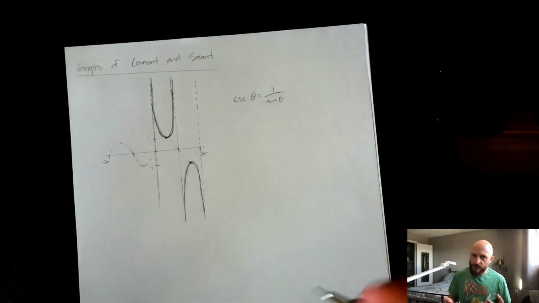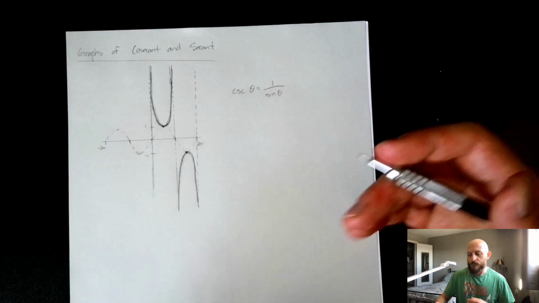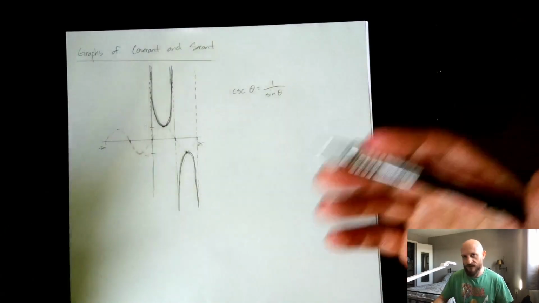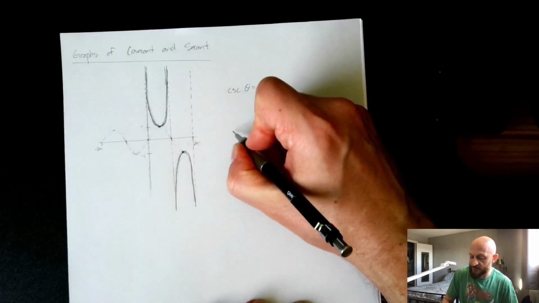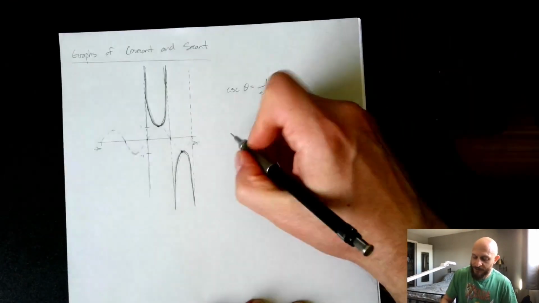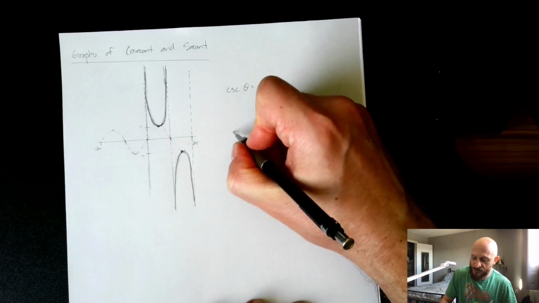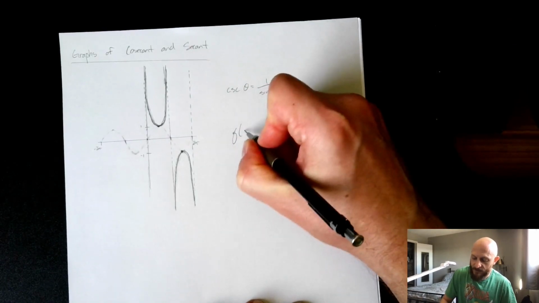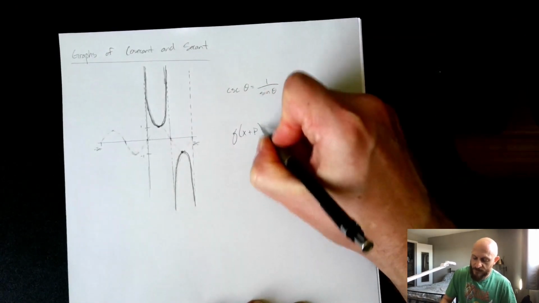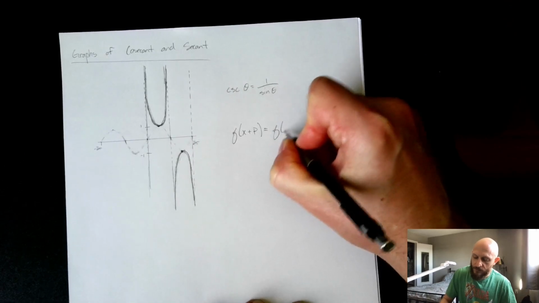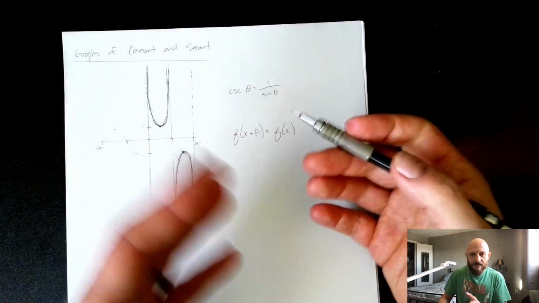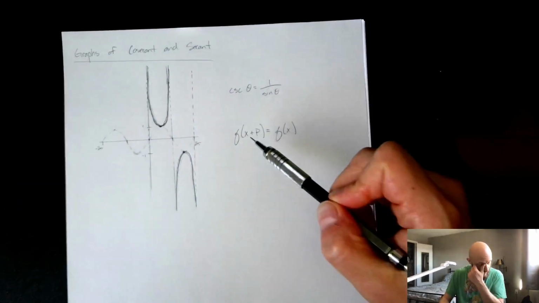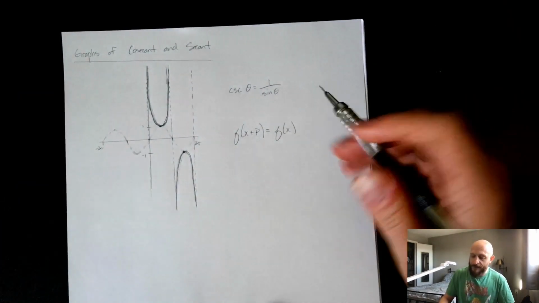If you want a little bit of motivation for why the periods of sine and cosecant agree, here's the idea. A periodic function is defined for some period p. A function is periodic if f of x plus p equals f of x for all x. And this is the case for sine. Sine is periodic with a period of 2 pi.